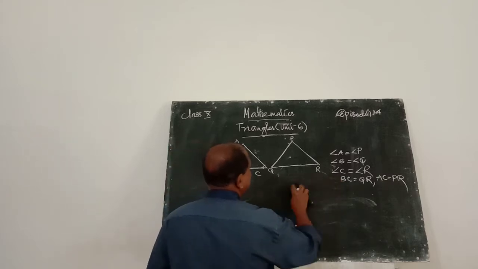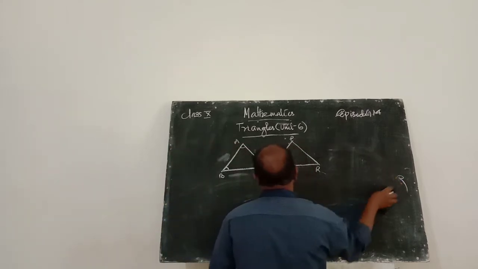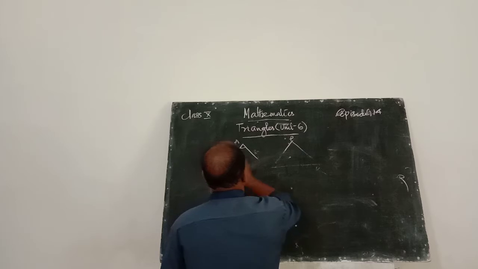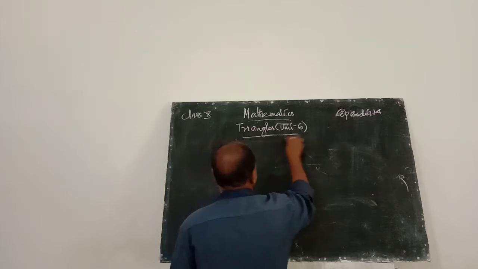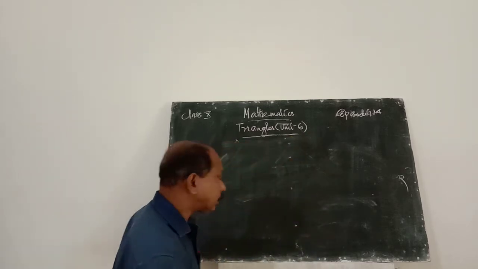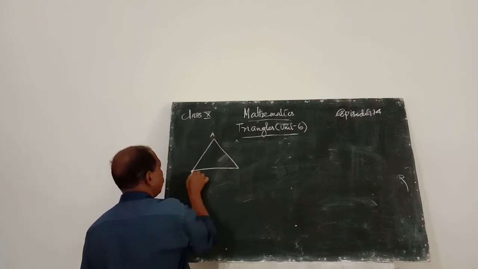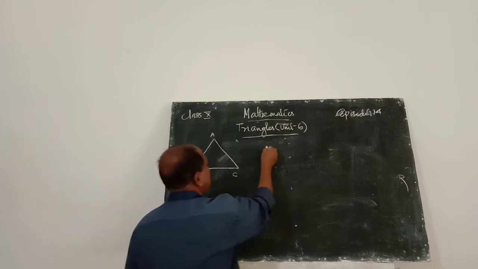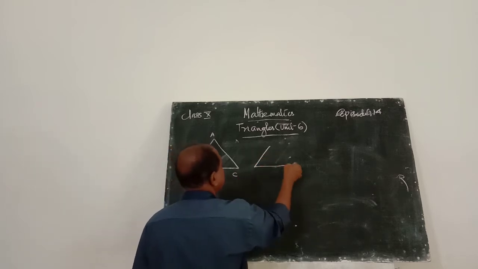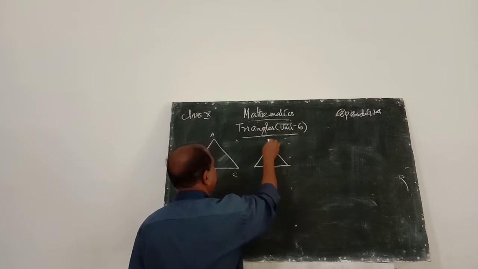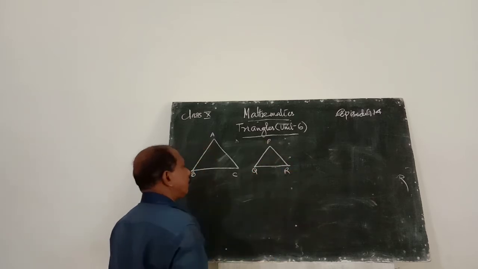Then let us consider two triangles, triangle ABC and triangle PQR.